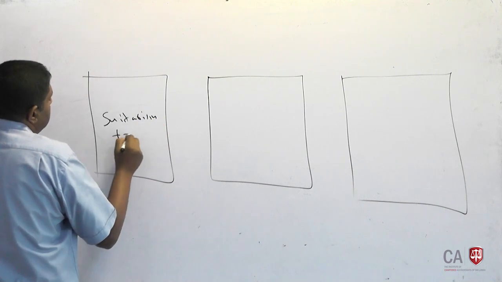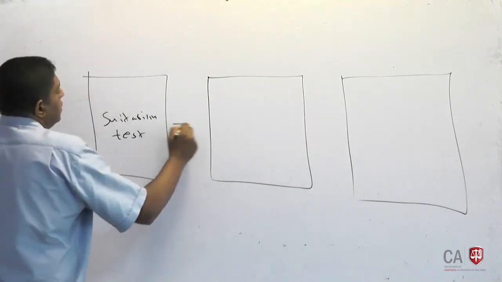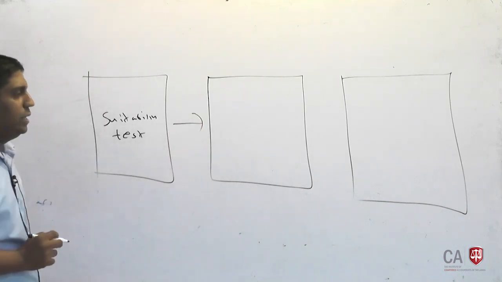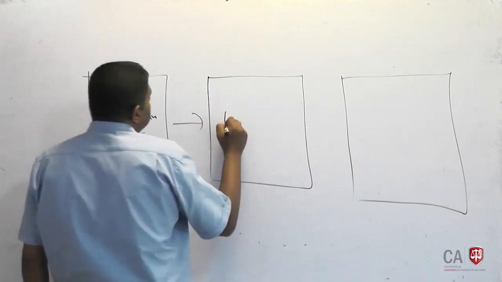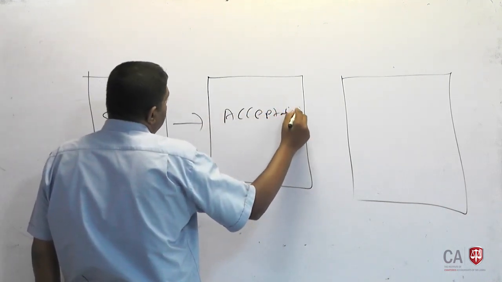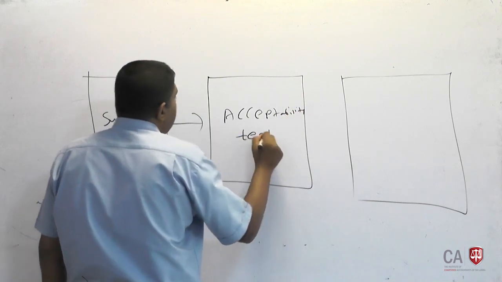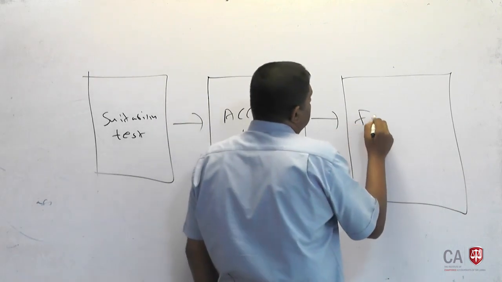Suitability test. Normally the suitability test is performed first. Suitability test, then acceptability test. Then the second test we normally perform is the acceptability test. Then the third one is the feasibility test.